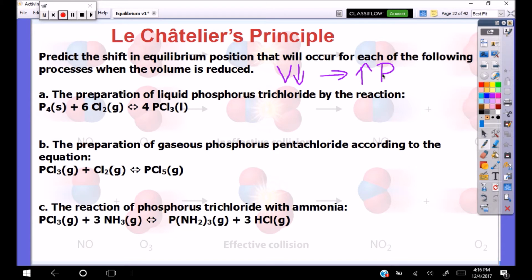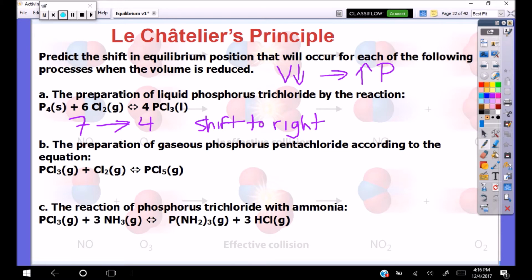I shift to the side of fewest moles. Well, if we look at the total moles, I've got 7 total moles on this side and 4 total moles on this side. So there's going to be a shift. This is going to shift to the right with a decrease in pressure.